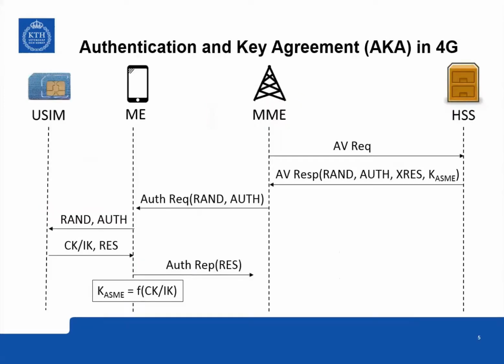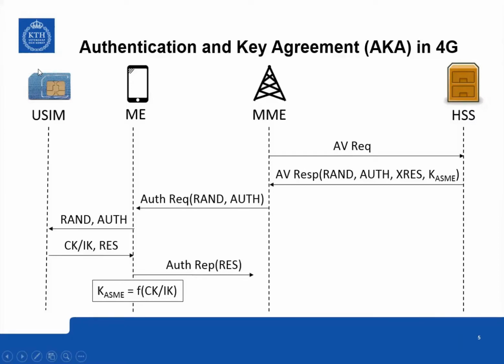Authentication and Key Agreement is a challenge-response multi-party protocol based on symmetric key cryptography. The involved parties are a database in the home network storing the subscriber credentials called the Home Subscriber Server, HSS, an authenticator in the serving network called the Mobility Management Entity, MME, and a mobile entity equipped with a USIM card.